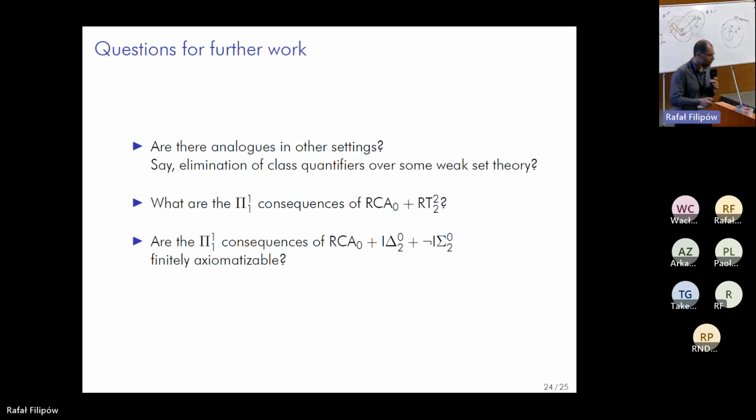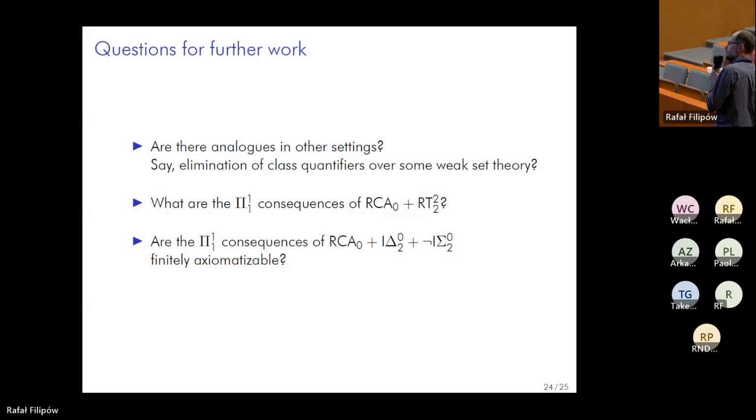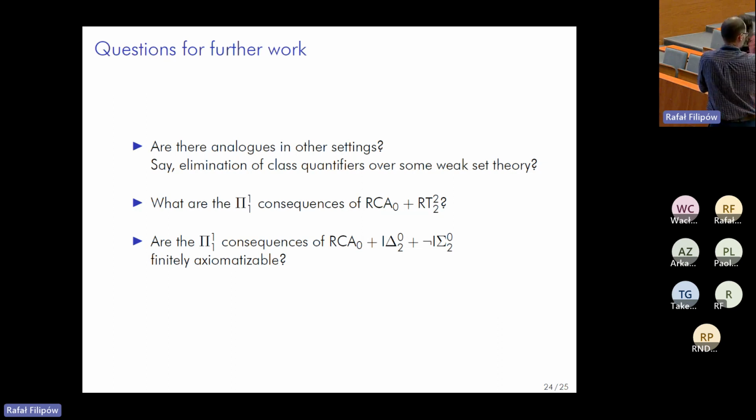So we proved that if you just have Delta^0_2 induction in the base theory, then the set of statements that are Pi^1_1 conservative over that is Pi^0_2, so that's not computably axiomatizable. And if you add the negation of Sigma^0_2 induction, that becomes computably axiomatizable. That's just applying our weak König's lemma isomorphism theorem, raising it up one level in the arithmetical hierarchy.